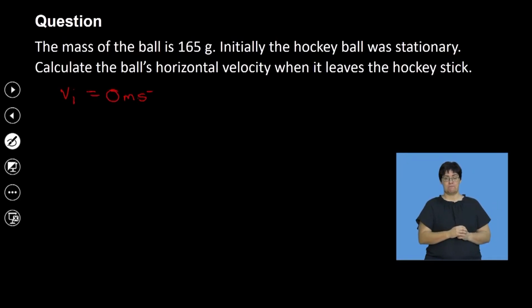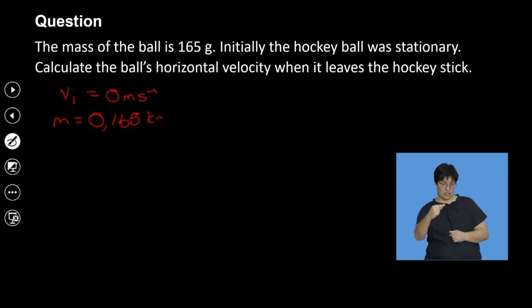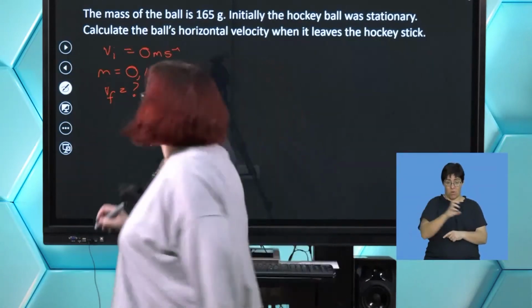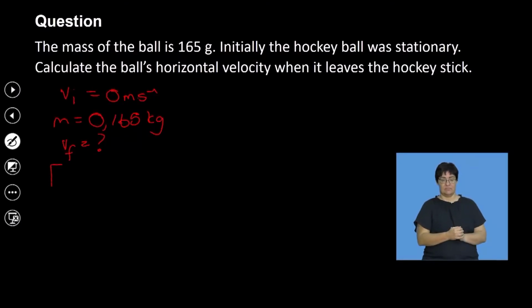Okay. My mass is in kilograms, 0.165. They want final velocity. We've just said that it's going to experience the same net force. So, F net, now we've got to think about this.